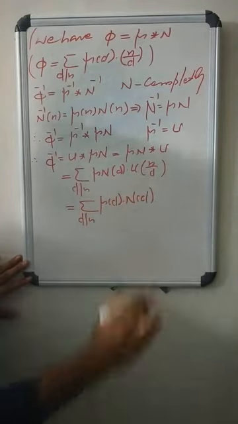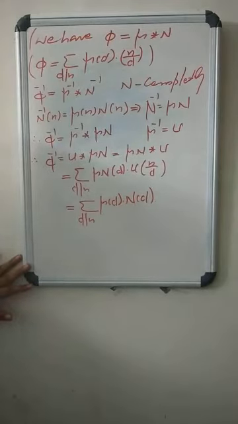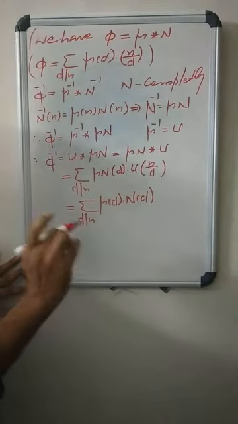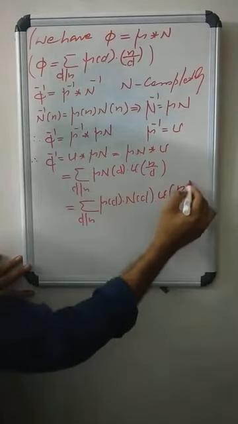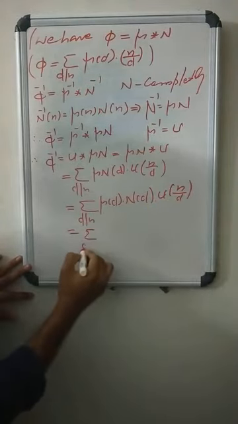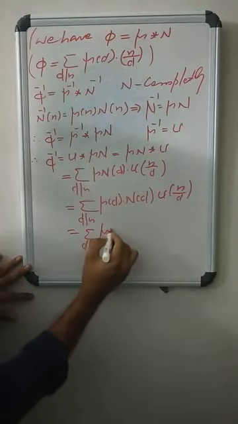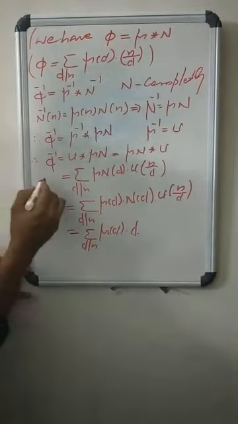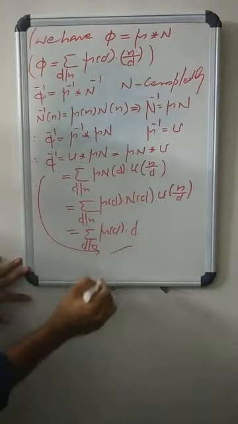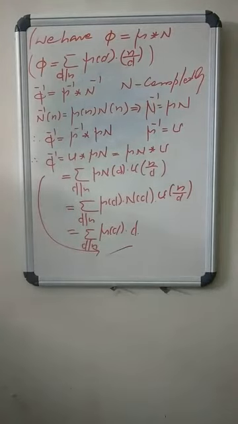What is u of n by d? It is 1. That equals the sum over d dividing n of mu of d into N of d, that is d, and u of n by d is 1. So finally phi inverse equals the sum over d dividing n of d into mu of d. So this is the inverse of the Euler function.